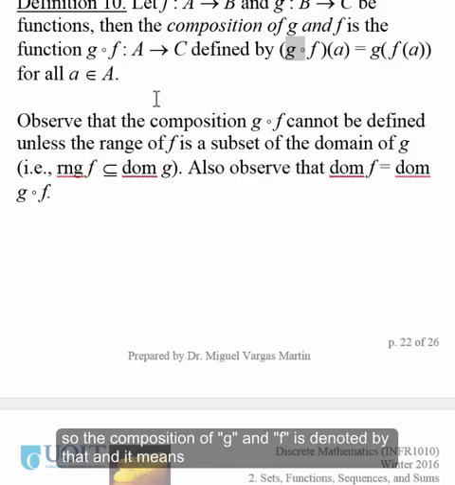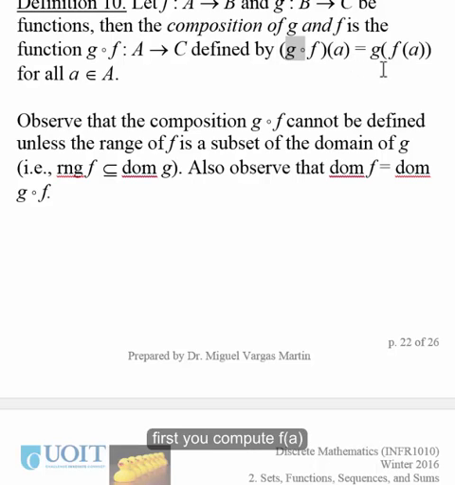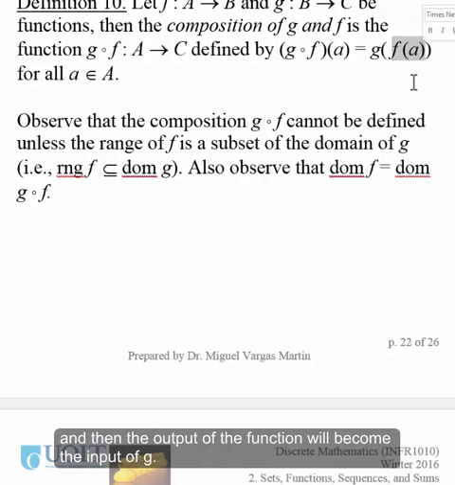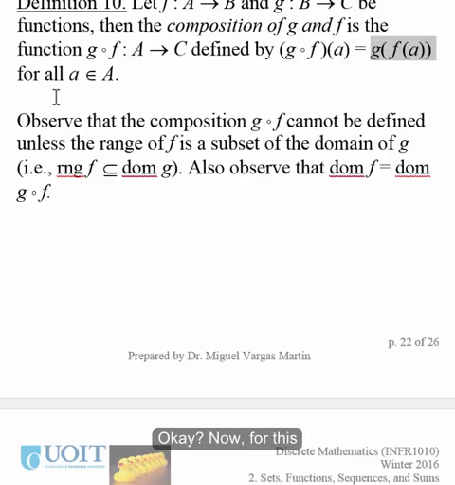The composition of g and f is denoted by that, and it means first you compute f of a, and the output of that function will become the input to g.